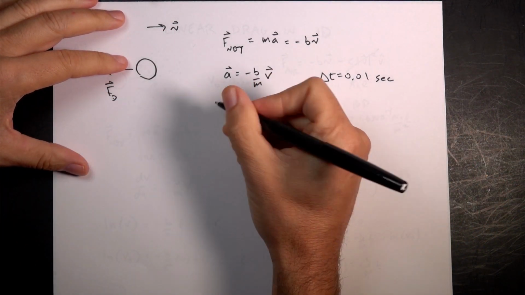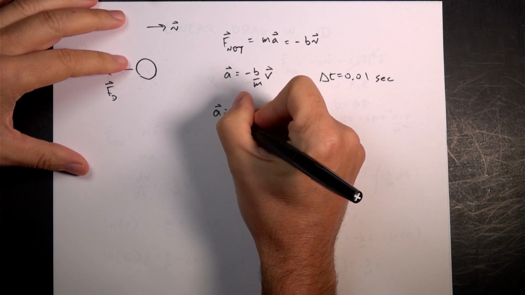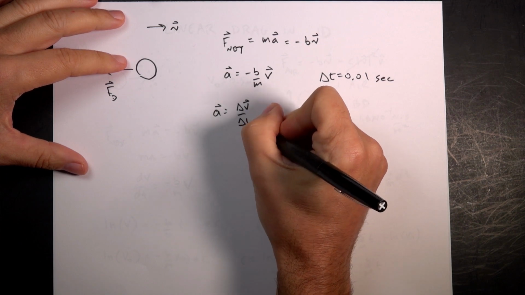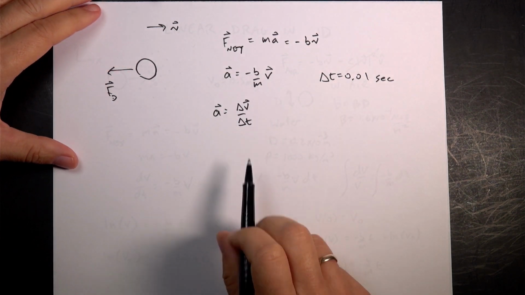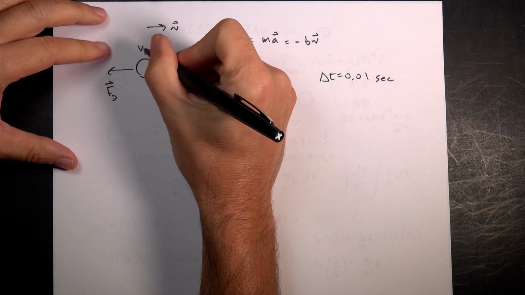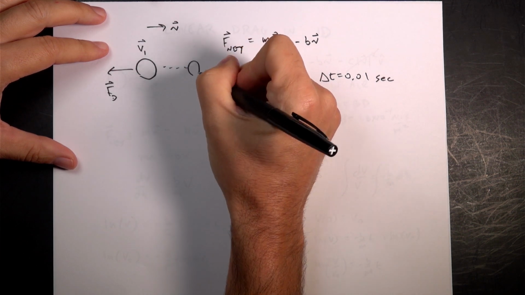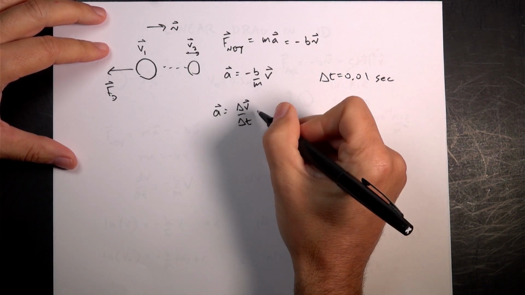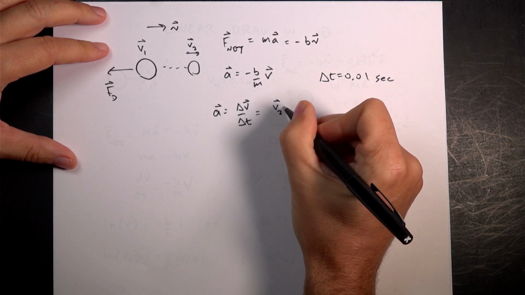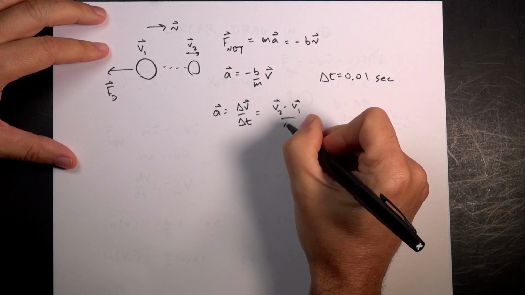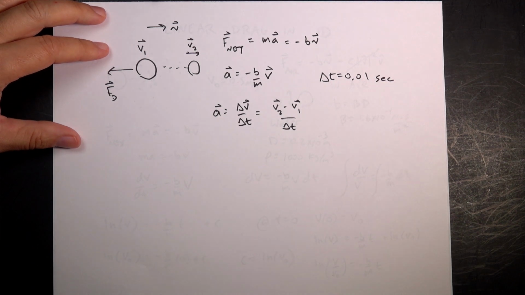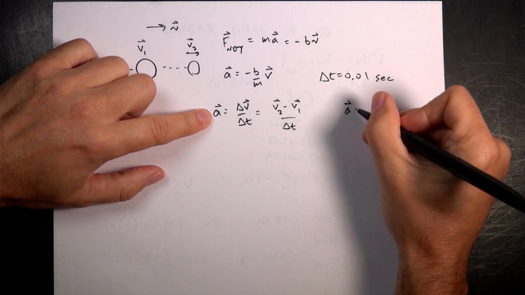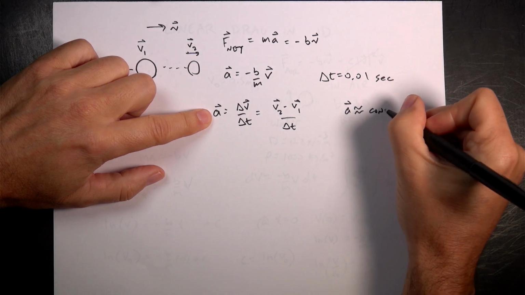So if I do that, I can say A, which I just calculated, is delta V over delta T. It's a change in velocity. So here's my velocity V1, and then a little bit later, here's my velocity V2. So this is going to be equal to V2 minus V1 over delta T, assuming A is approximately constant.